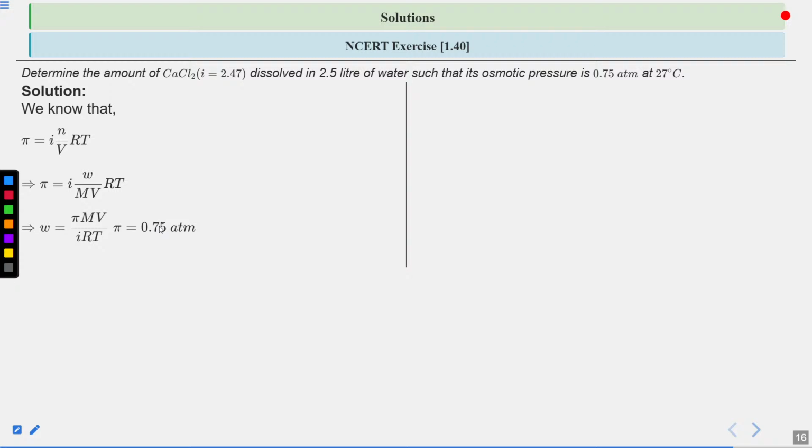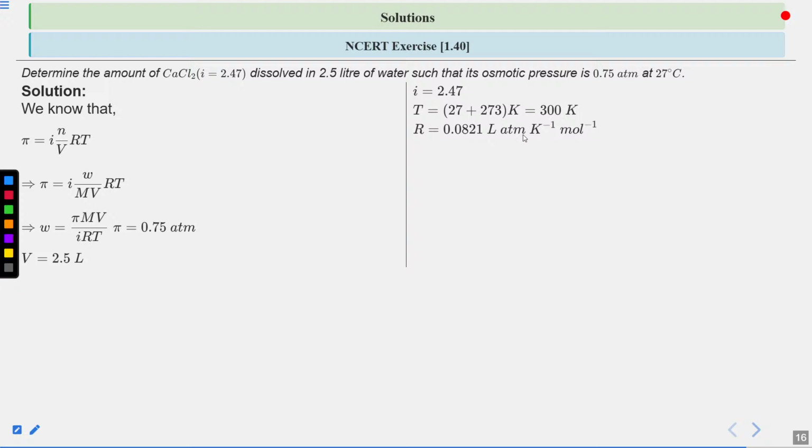So the pi value is given as 0.75 in the question, and the volume is 2.5 liter. The i value is 2.47. We have to first convert the temperature into Kelvin, which is 300 Kelvin.